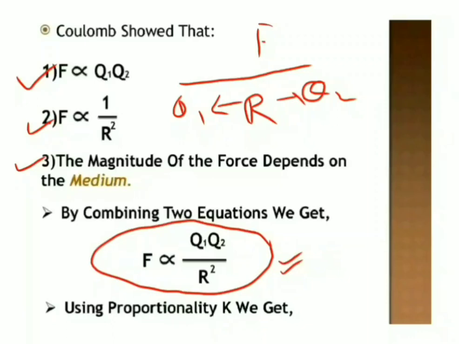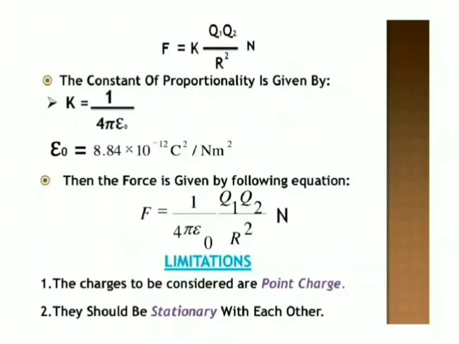Now we'll have to remove this proportionality sign to find out the exact relationship between force, charges and separation. So by removing the proportionality, we put k here. K is known as the constant of proportionality, and which is given by 1 by 4 pi epsilon naught.